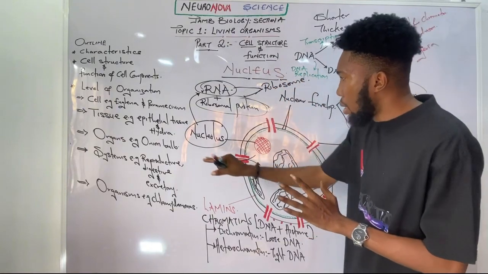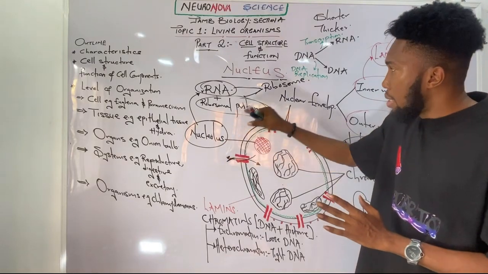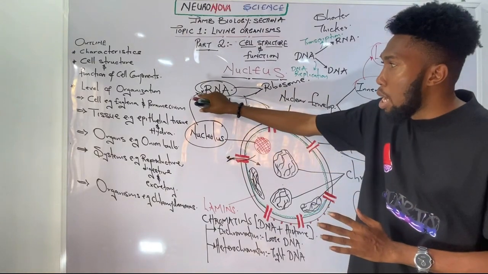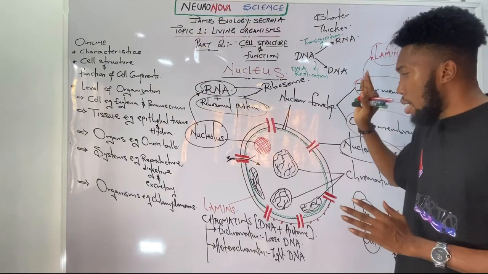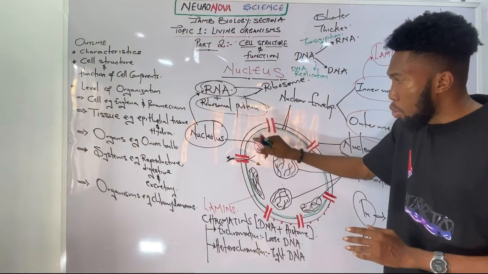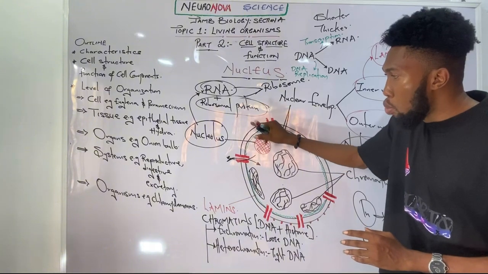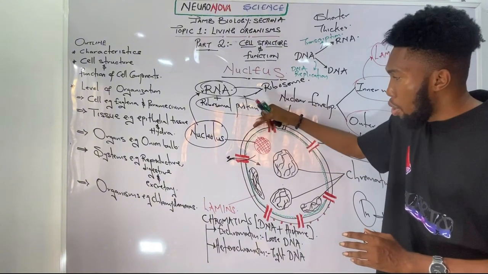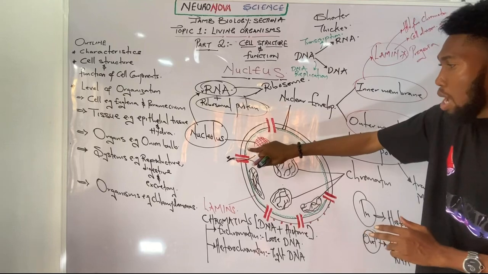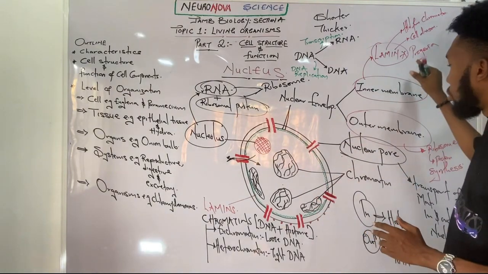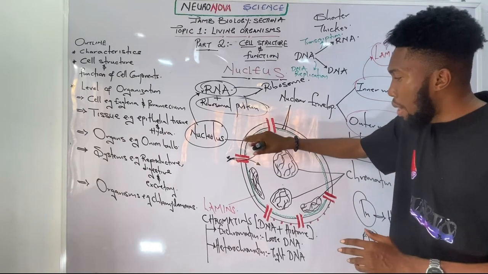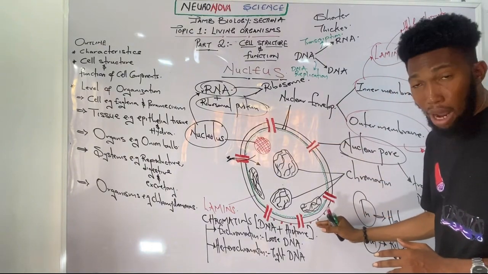Just to recapitulate, remember the nucleolus synthesizes ribosomes by the combination of rRNA and ribosomal protein, right? Also remember that your nuclear membrane is a double membrane bound structure where you have inner and outer. In the inner, you have lamins, mutation of which will cause progeria. We have the outer membrane, which is where you find ribosomes attached.